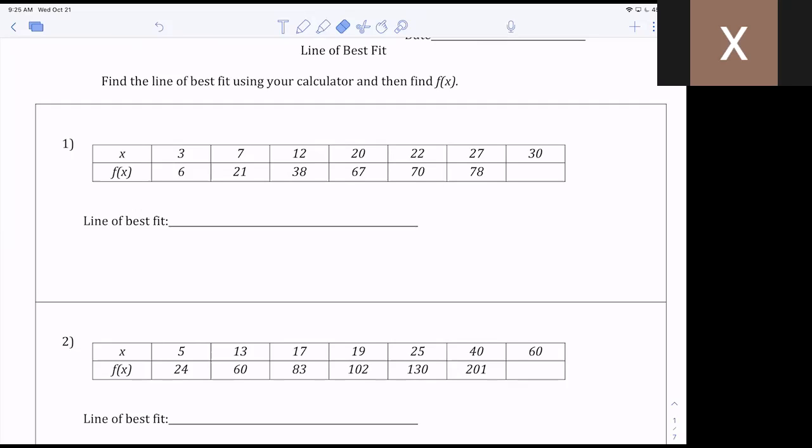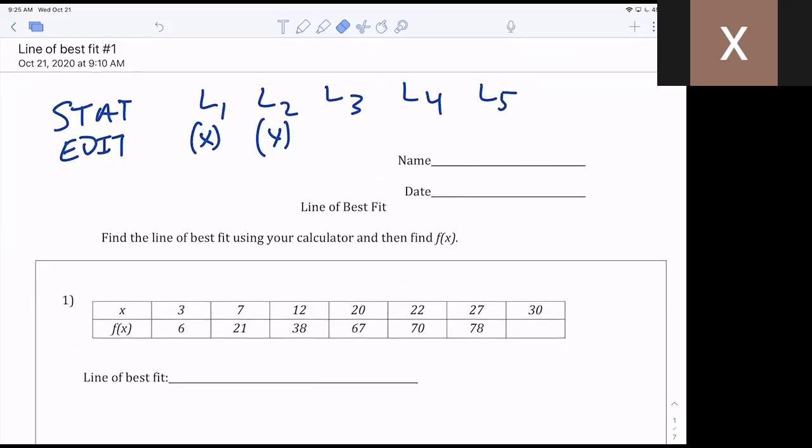Be quiet and listen. You have to turn that ability on for your calculator. To turn that on, you go to Y equals, and there's a plot 1 up here. Sorry, not stat, plot.